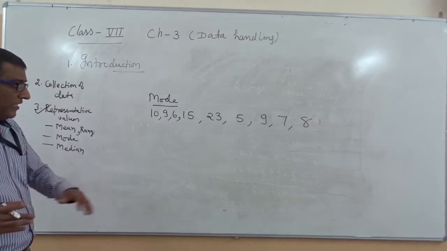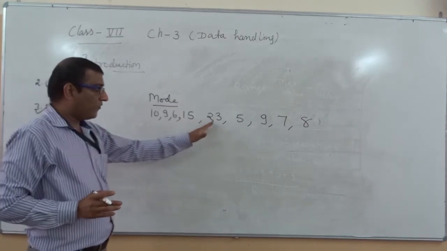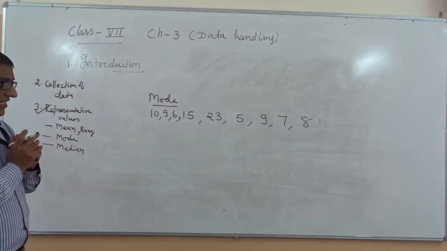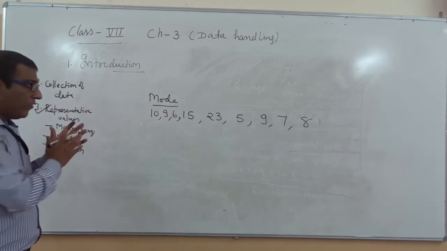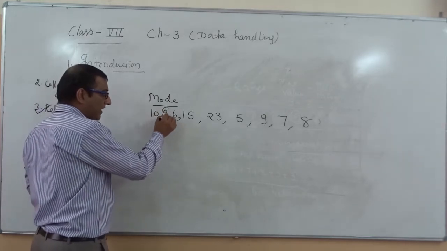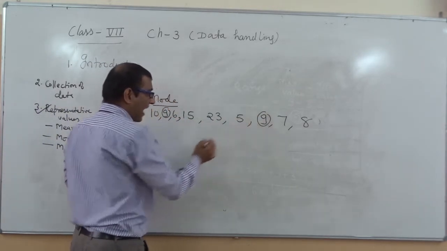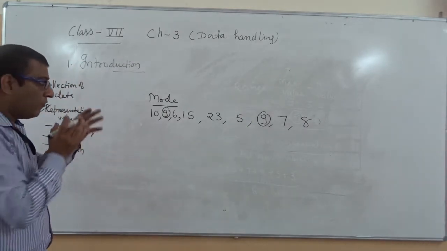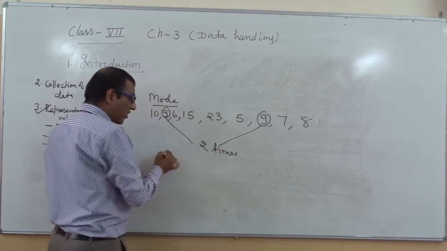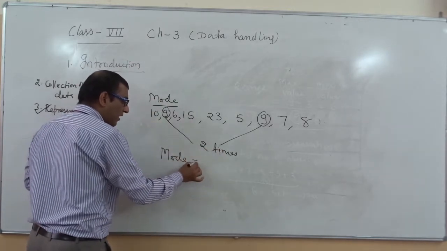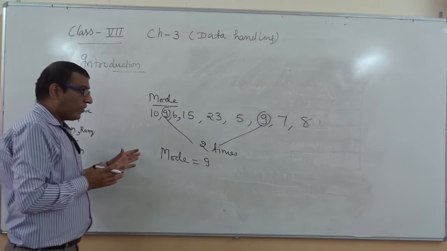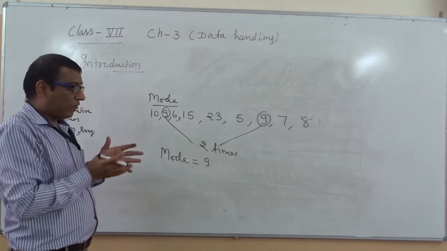So how many observations are there? 1, 2, 3, 4, 5, 6, 7, 8, 9. 9 observations are there, 9 data are there. So how can we calculate mode from the following observations? If you see here, 9 is repeated 2 times, and other numbers are repeated only 1 time. Because 9 occurs 2 times, we can say in the given example, mode is 9.